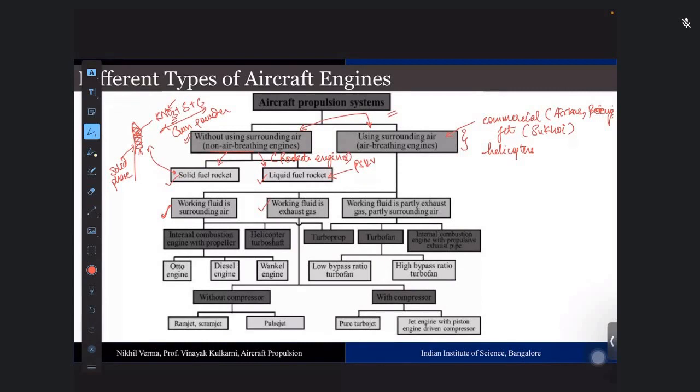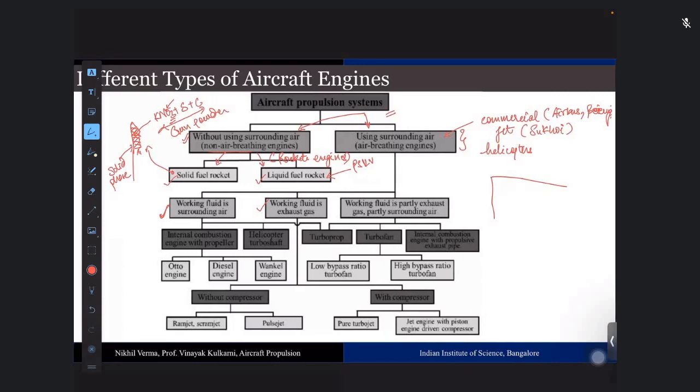Then there are other engines that partly use the surrounding air for the combustion process, and the other part is the expansion through the turbine. So we'll be dealing with these individual components in the later slides.